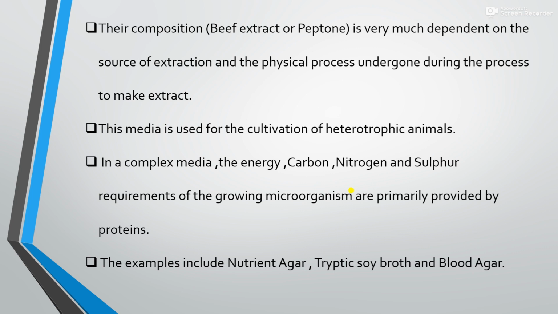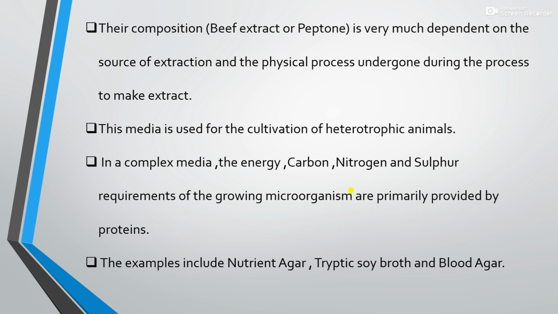Peptones are generally a rich source of protein and are in powder form. So the process undergone to make extracts is also important, and it might affect their chemical composition.